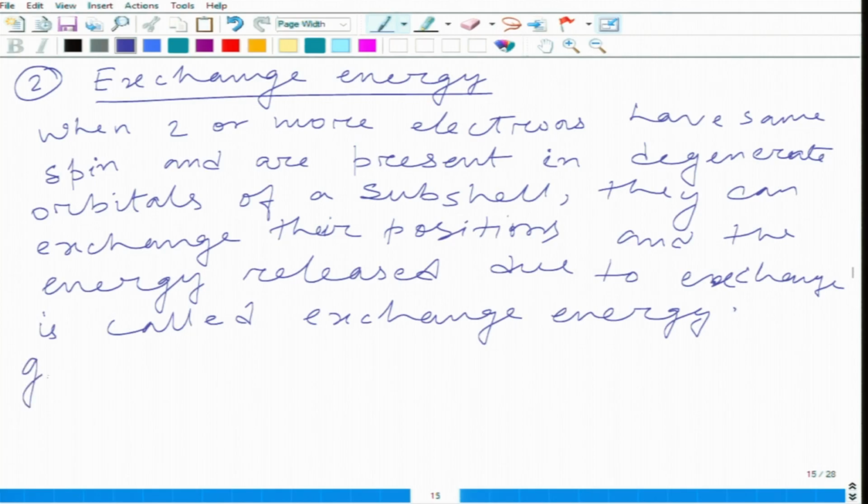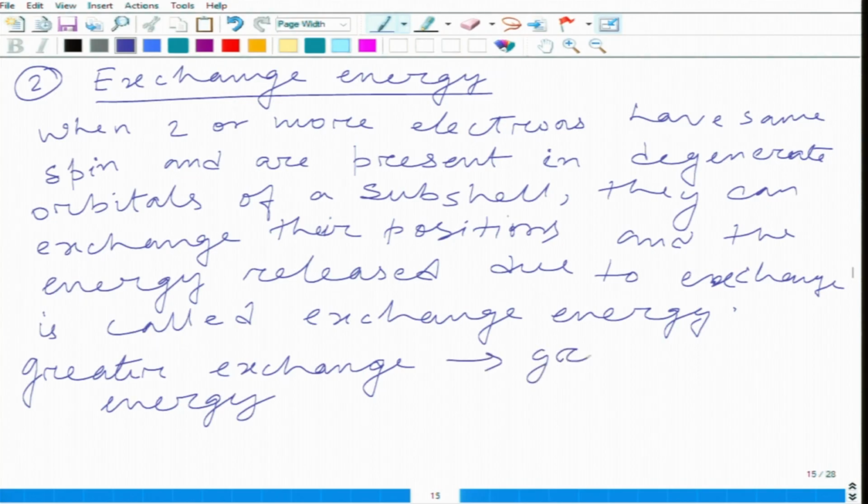So, greater exchange energy means greater stability.